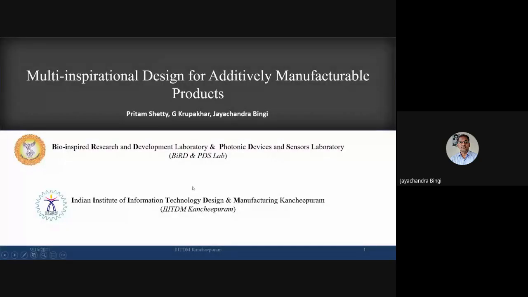So he will present the concept he developed, multi-inspirational designs for additive manufacturing. Because 3D printing and all those things are very important these days, right? So he is going to present that method, and for the rest of the time he will present and we will listen.